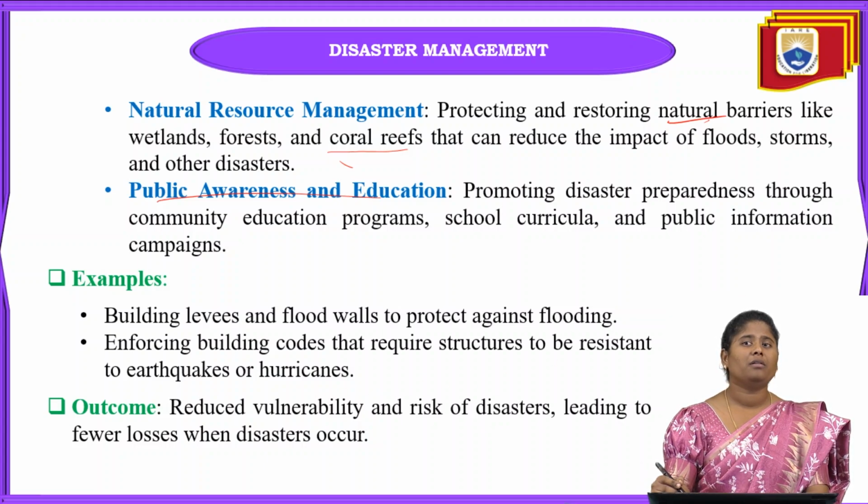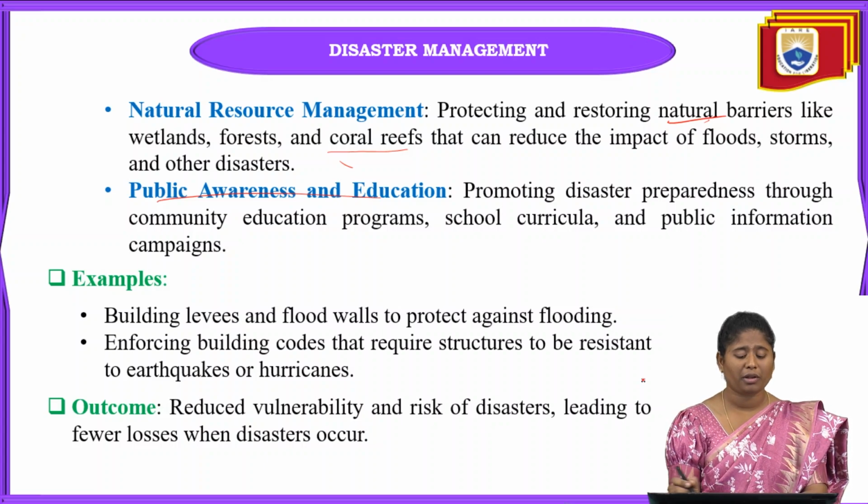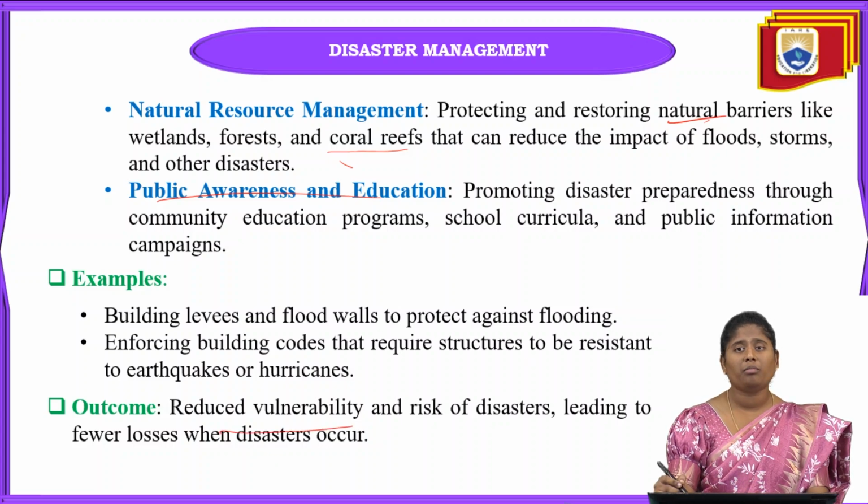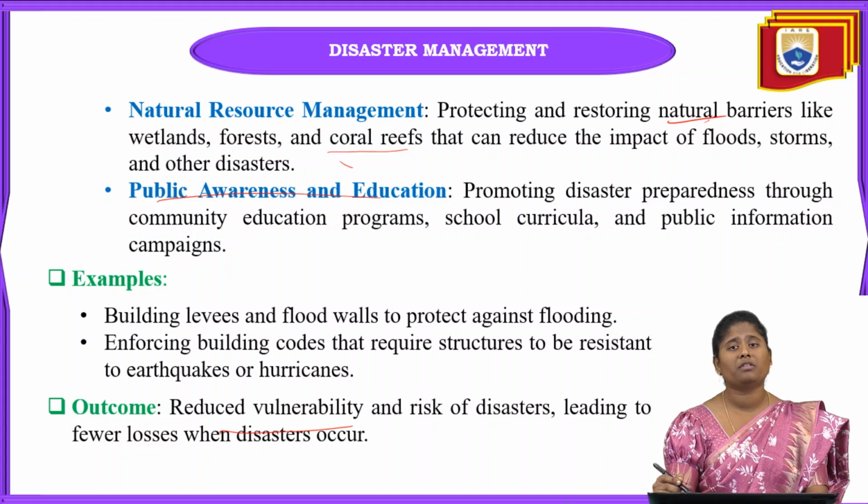And by enforcing these building codes, we can be very much safe against natural hazards like earthquakes, typhoons, hurricanes. The main outcome of this is that we can reduce the vulnerability and risk of disasters, which will lead to fewer losses when a disaster occurs.